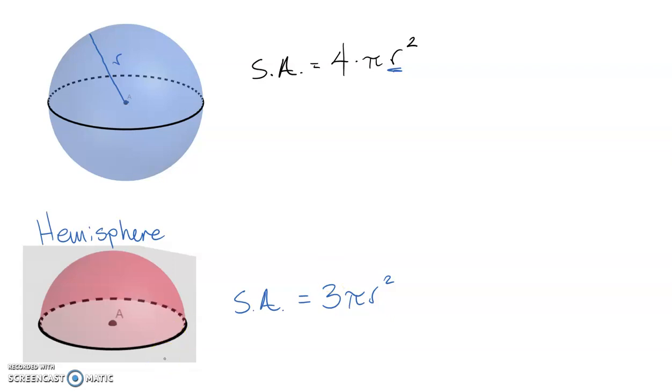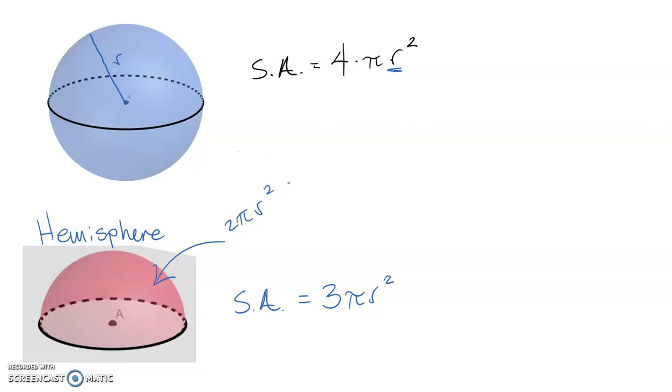The original surface area for the sphere described this entire outer shell. When we cut the sphere in half to create the hemisphere, we do get that half shell, which is going to be 2 pi r squared.